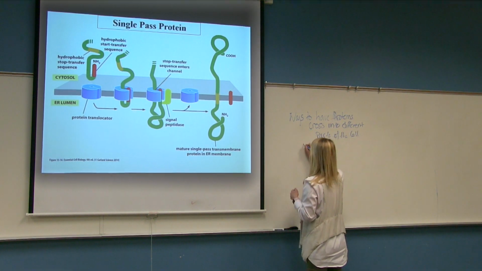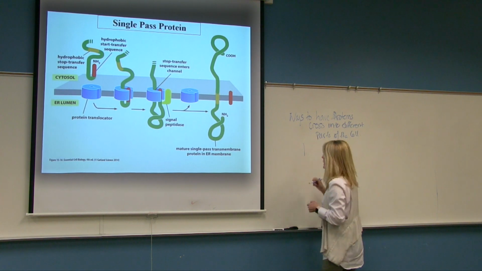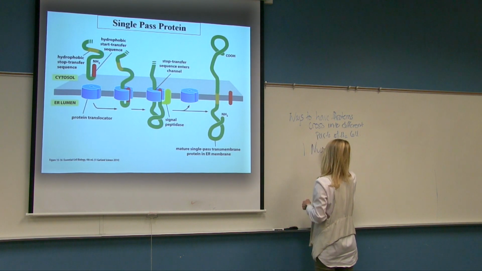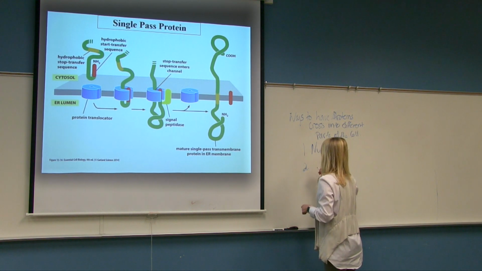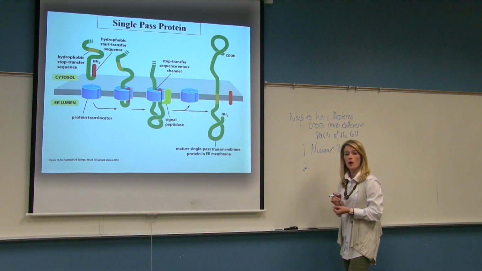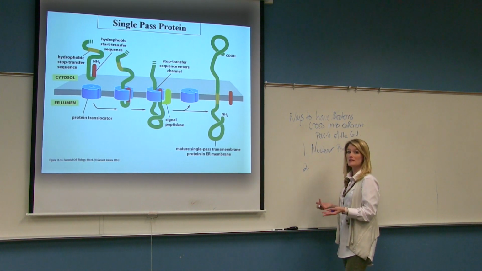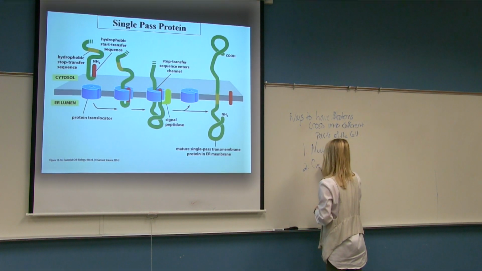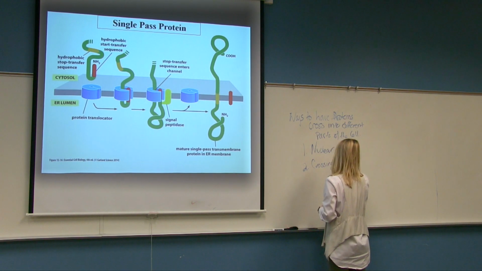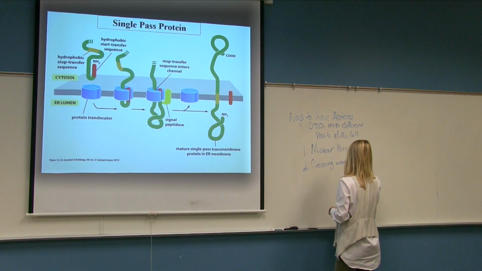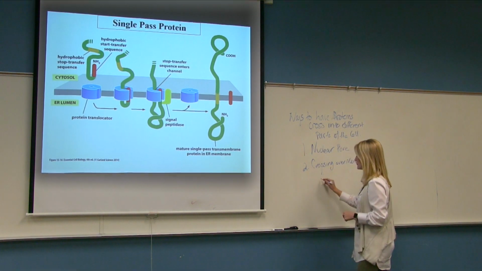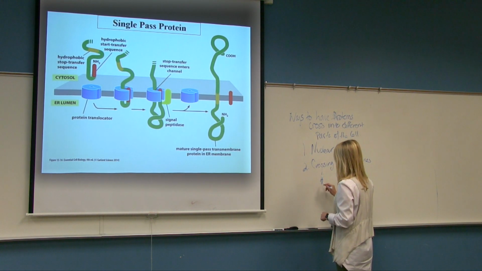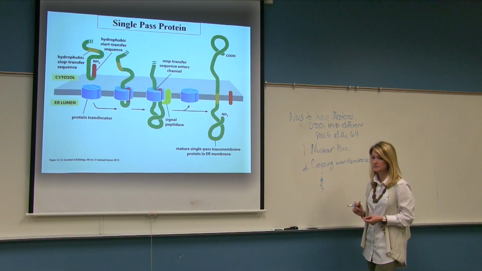We said in total there were 3. The first one is crossing into the nuclear pore. The second way was that we want membrane proteins to actually cross the membrane. So, crossing over membranes. And we said that there was a total of 3 different ways that we could actually get proteins across membranes.